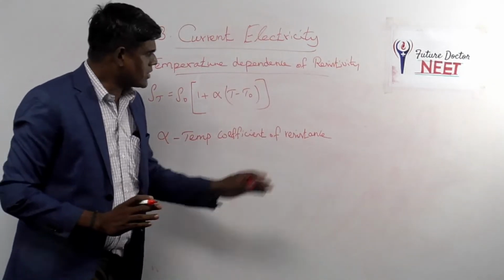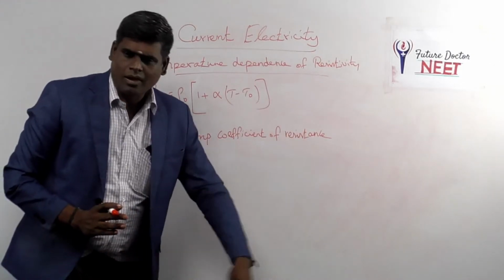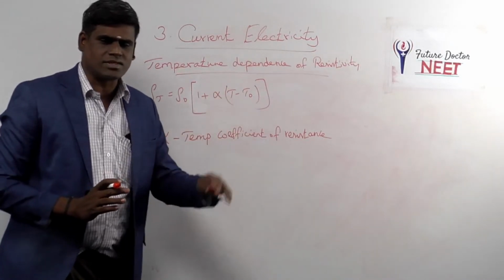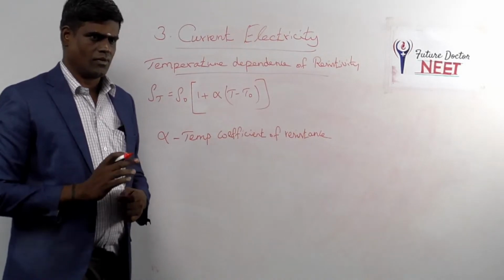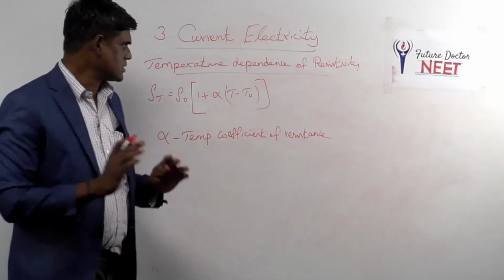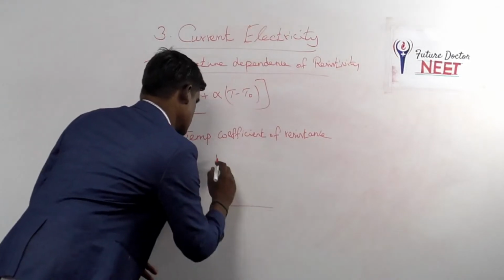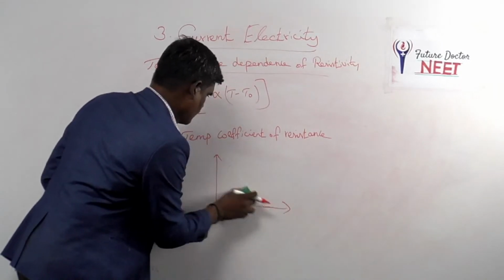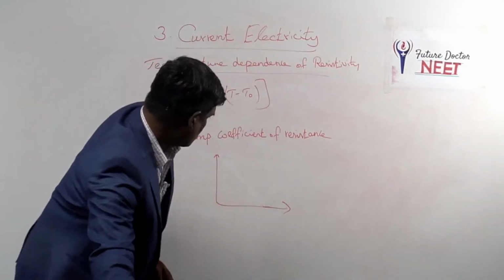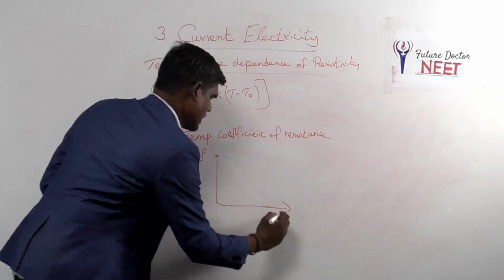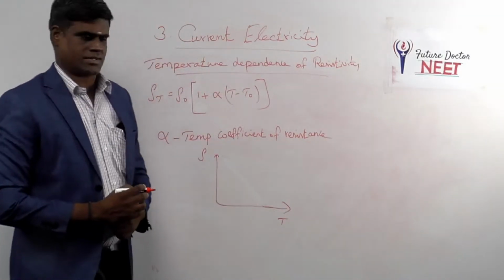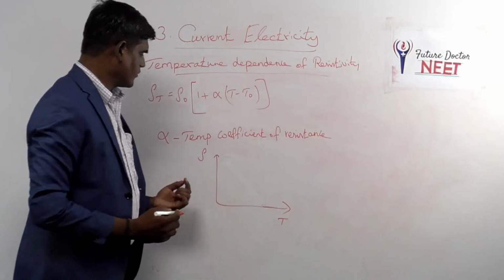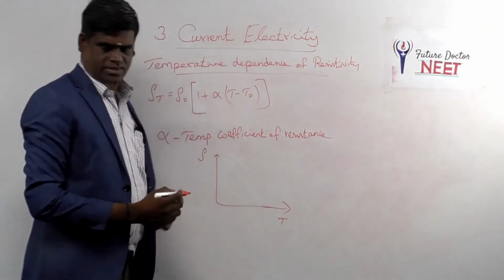And I said already that for metals, that is for conductors, when temperature increases, does its resistivity increase or decrease? For example, if you plot a graph with resistivity along the y-axis and temperature along the x-axis, when temperature increases, resistivity also increases.